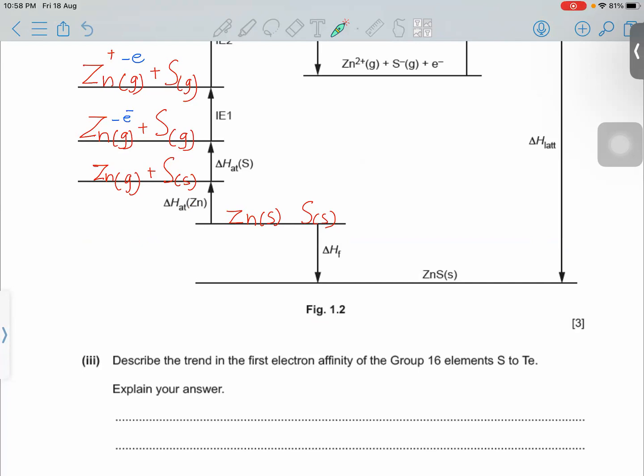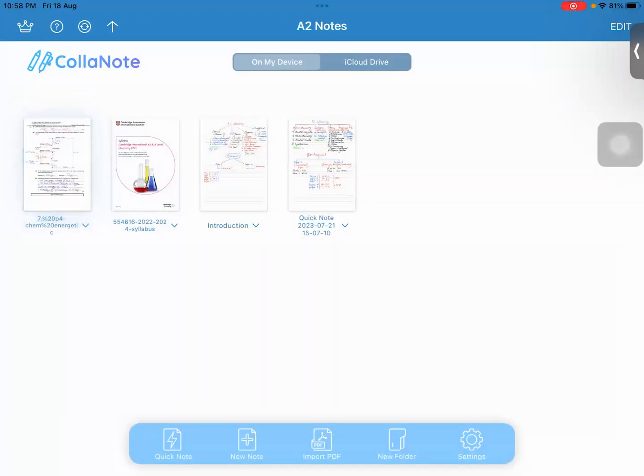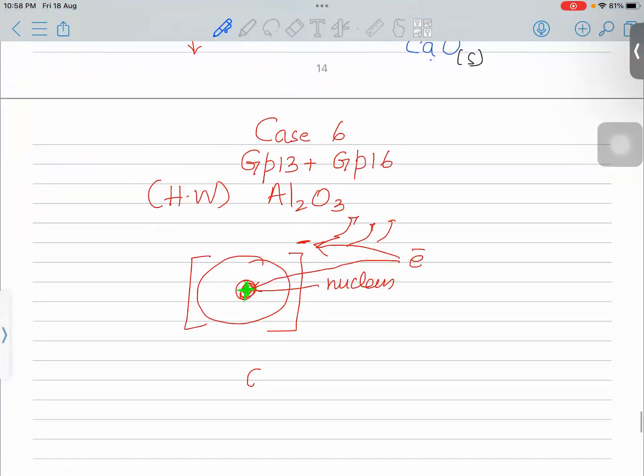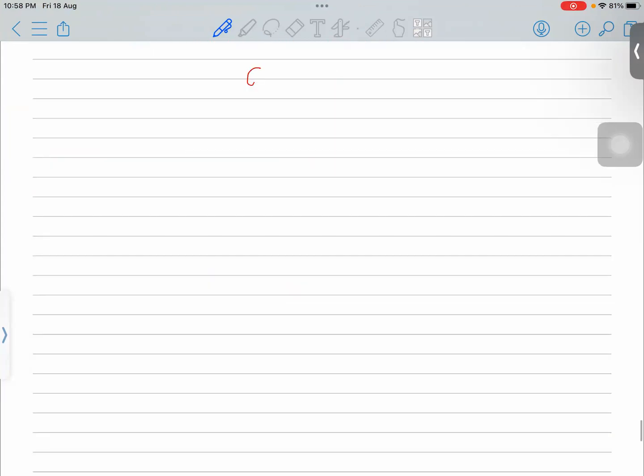It's when 1 mole of electrons is added to a gaseous atom to form a gaseous anion with minus one charge, right? Yes, sir. Now we are moving to electron affinity. I think we have not discussed it. Now let's start electron affinity.